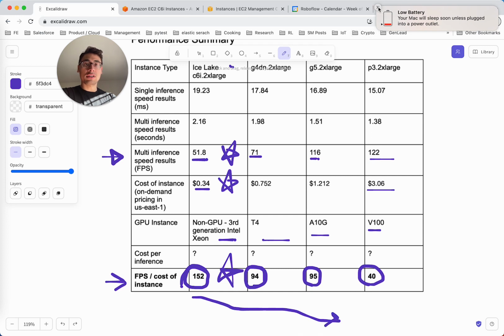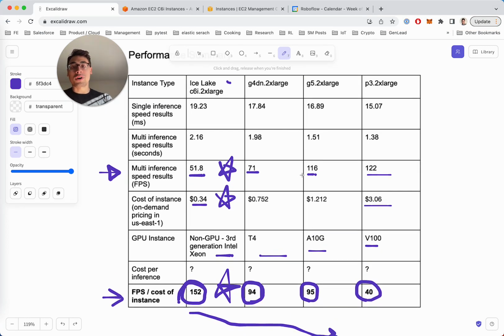So what this tells us is that if you're looking for an instance that has really great processing power at a reasonable price, the Ice Lake offers you more than enough features and functions and speed to get the majority of use cases done for an effective price.